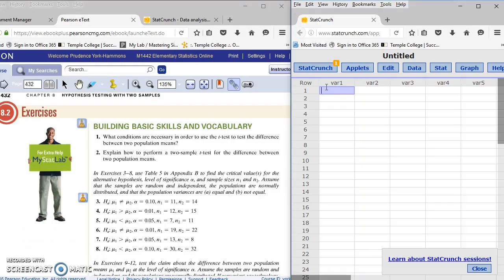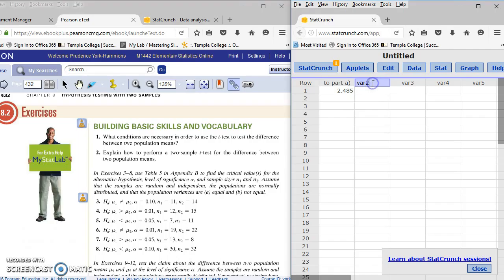They call those critical values T sub O. So our T sub O for part A is 2.485.